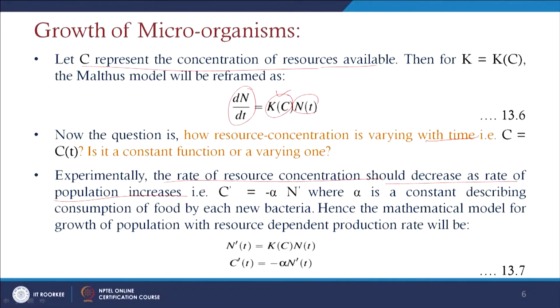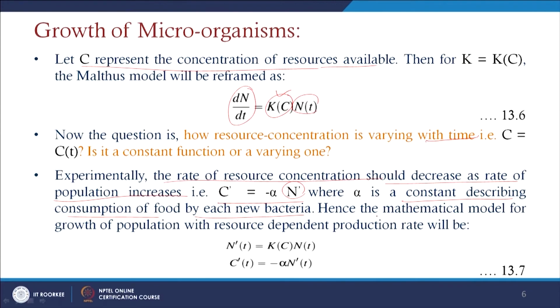So we can write C prime as minus alpha times n prime. That is, the change of resource concentration depends directly, in a declining form, on the change of population size, where alpha is a constant describing consumption of food by each new bacterium.